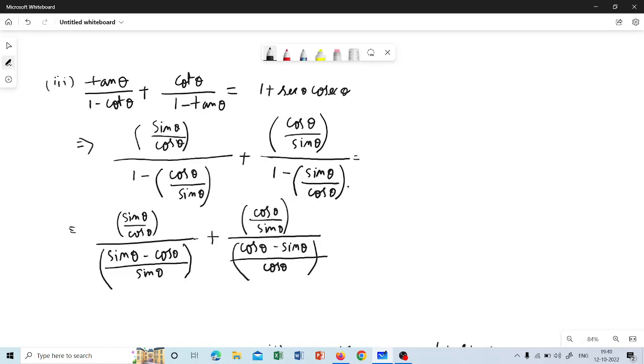You have been familiar with fractions, right? We would have learned that if it is A by B divided by C by D, the fraction can be written as nothing but A by B into D by C. So the divisor expression should be inverted.